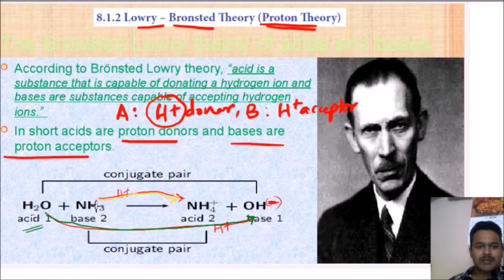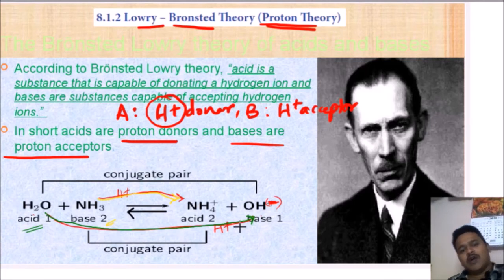NH3 accepts H plus, so it is a base. Again I am talking in one direction, but you also see this is a reversible reaction. It must be a reversible reaction, only then can we study ionic equilibrium.